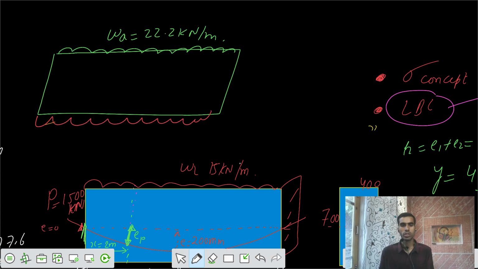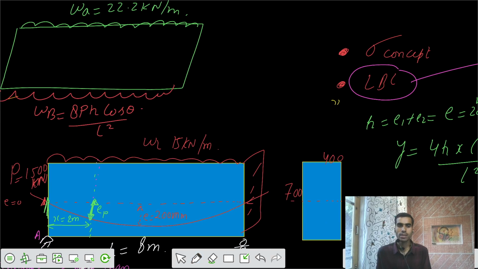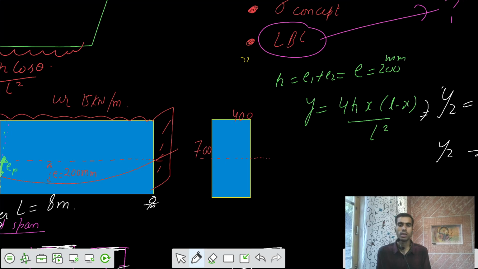So your balancing load WB is equal to 8p h cos theta by L square. But your value of h is actually E1 plus E2, and your E1 is 0, so your value of h is 200 millimeters.